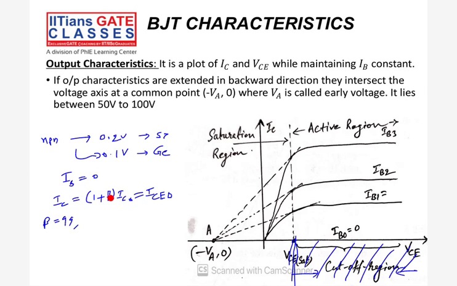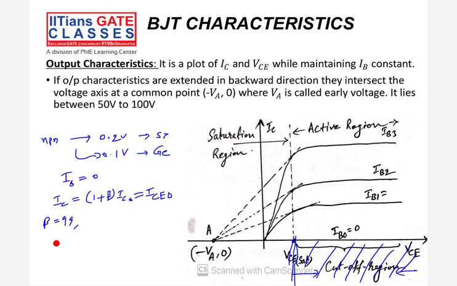So for germanium, we have higher reverse saturation current. So we have some IC value that is not exactly 0 for germanium. For silicon, it is almost 0, we can say.